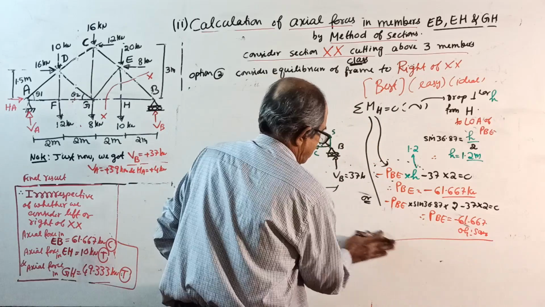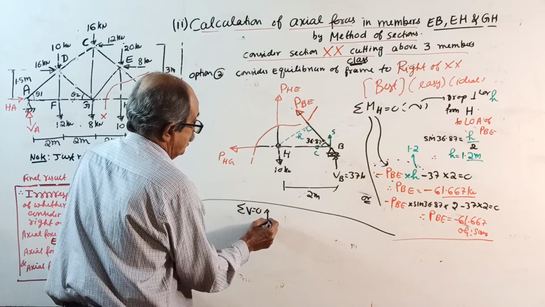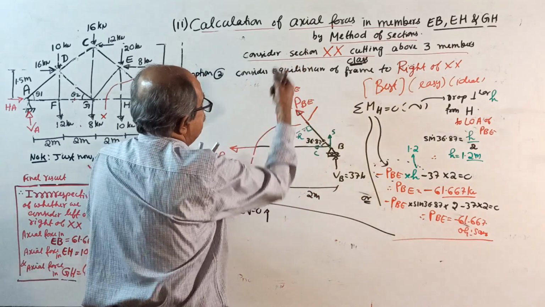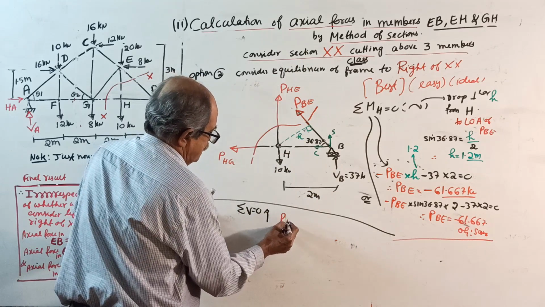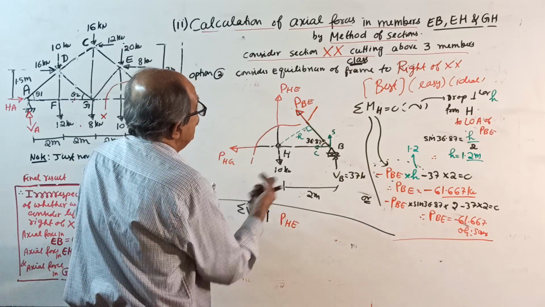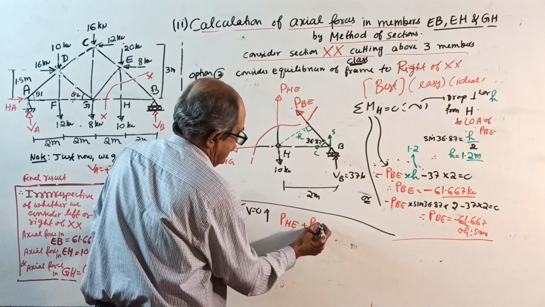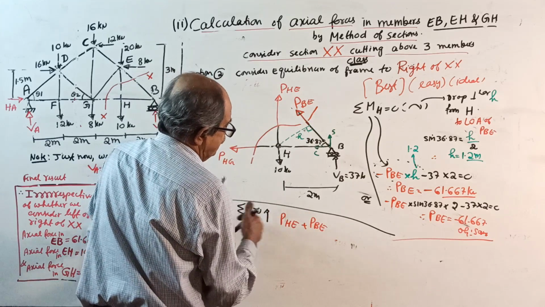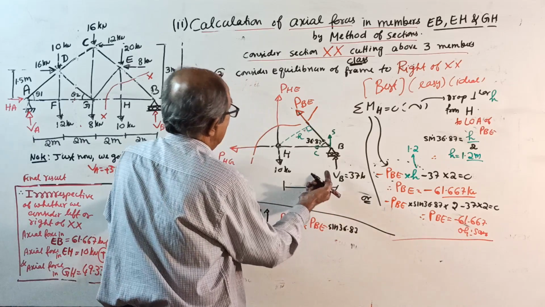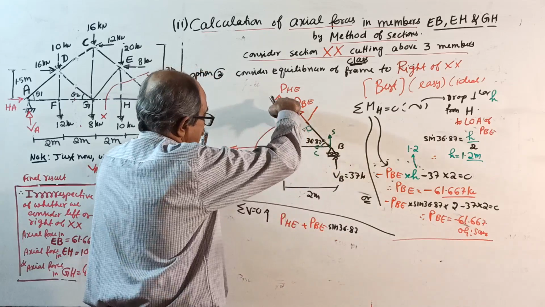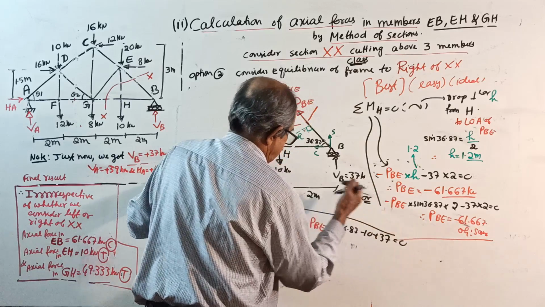Now lastly, sigma V equal to 0, take upward positive. Plus PHE, unknown first, plus PBE sine 36.87, then minus 10 plus 37 equal to 0.